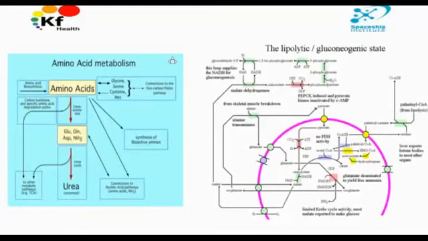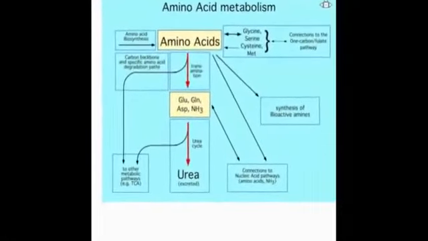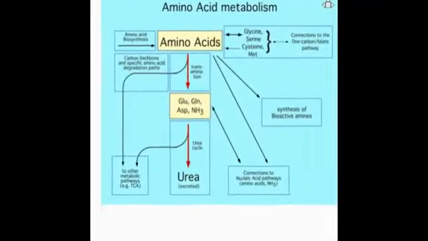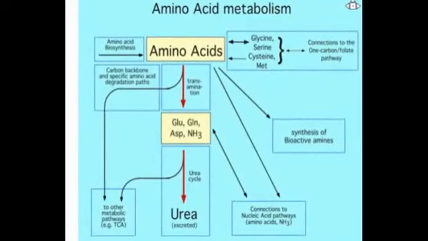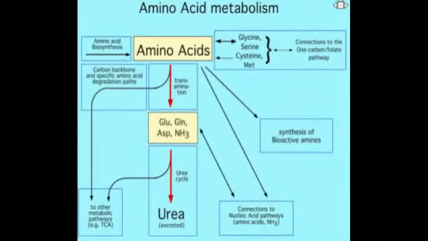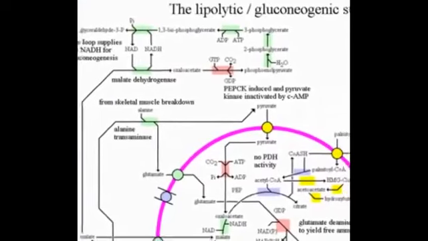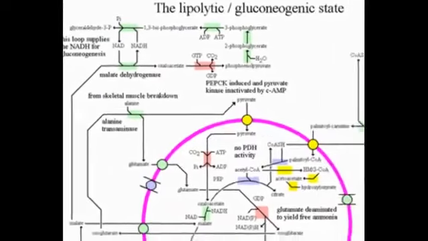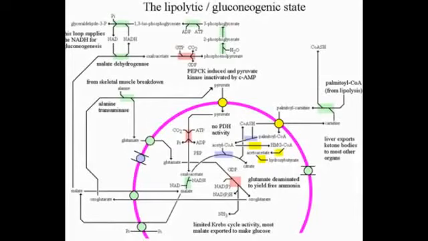Slide 21 is a representation of amino acid metabolism, and as you see, the amino acids finally go inside the carbohydrate metabolism, reach that point, or go out as urea. On the right side, this is the lipolytic metabolism of your fat, and how the lipolysis connects again with the cycle of Krebs and the cycle of carbohydrates.